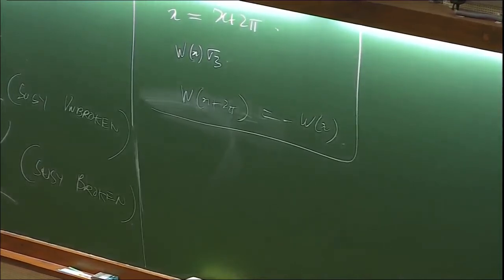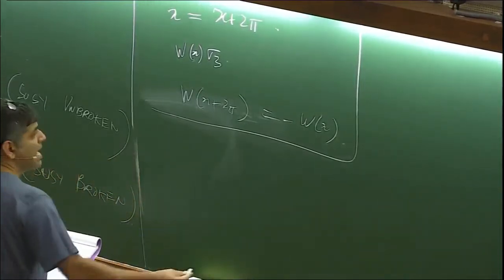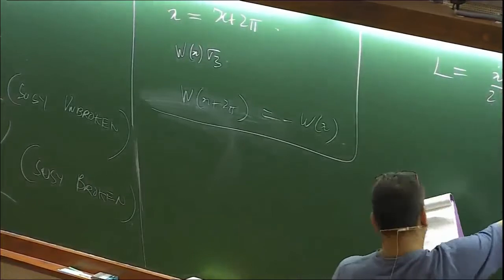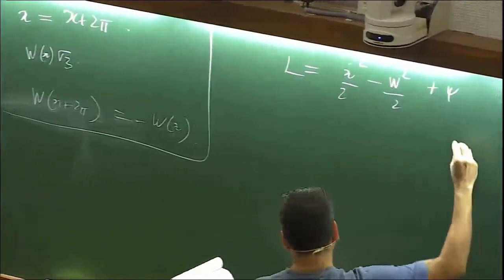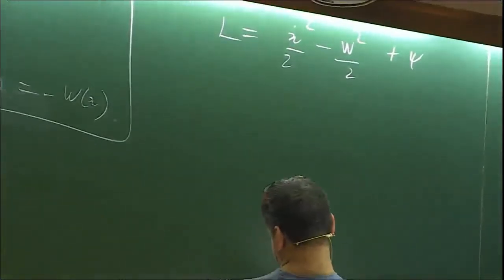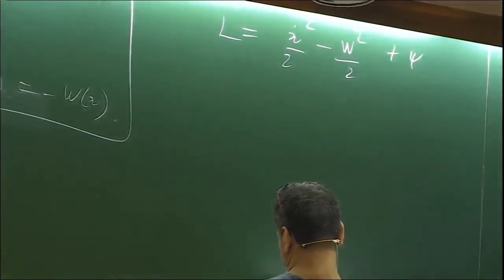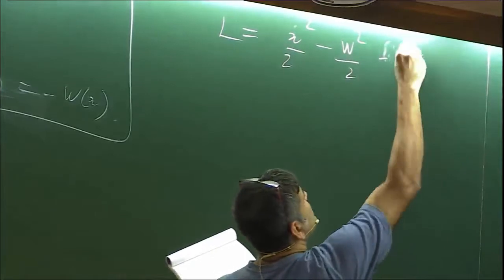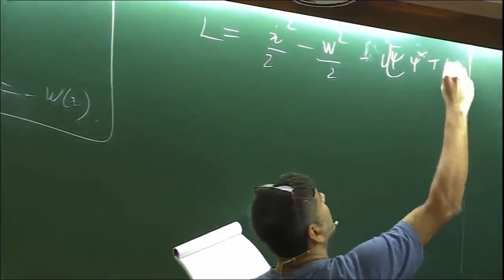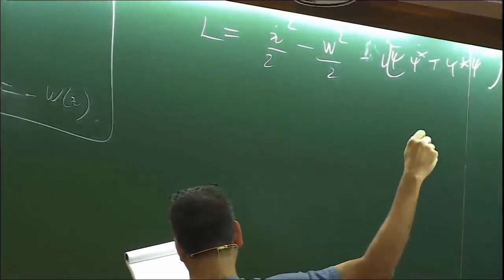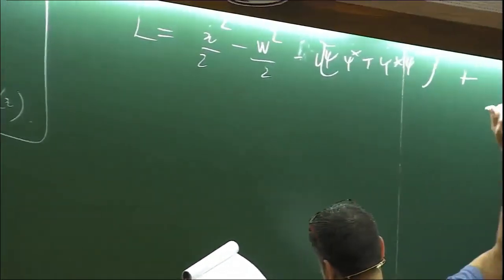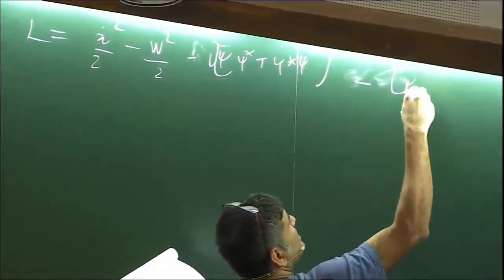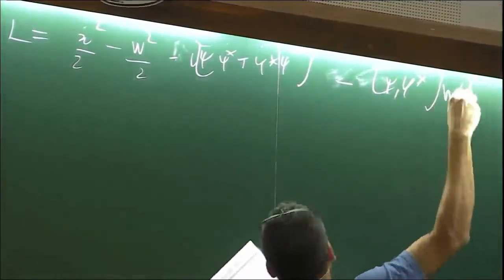Okay. So the question we're going to ask ourselves is the following. If you remember, at the end of the last class, we had a Lagrangian. Our Lagrangian was L is equal to x dot squared by 2 minus w squared by 2 plus psi star times minus i psi dot plus psi star psi dot... plus minus psi star w prime psi.